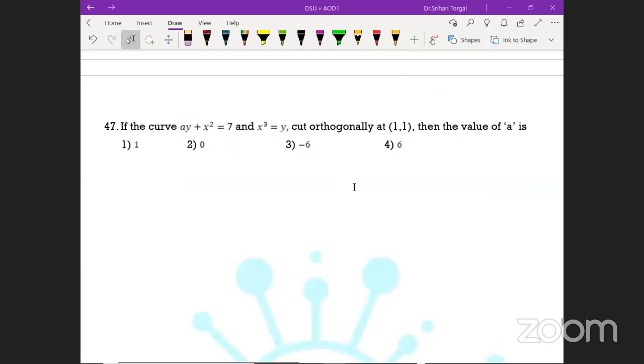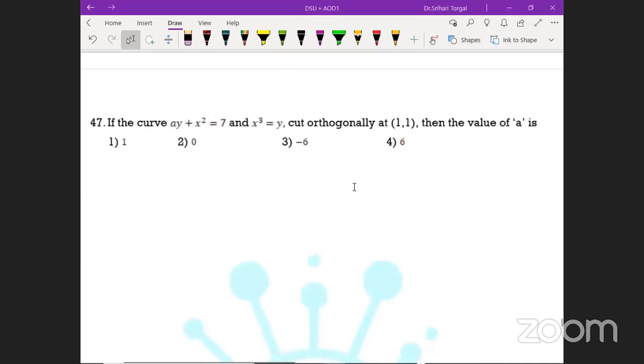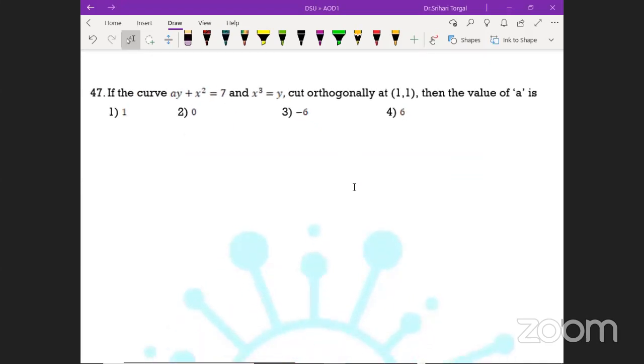Yes, very interesting question. Angle between the two curves. If the curve ay plus x square is equal to 7 and x cube is equal to y cut orthogonally at 1 comma 1, then the value of a is, what is differentiation? A into y dash plus 2x is equal to 7.